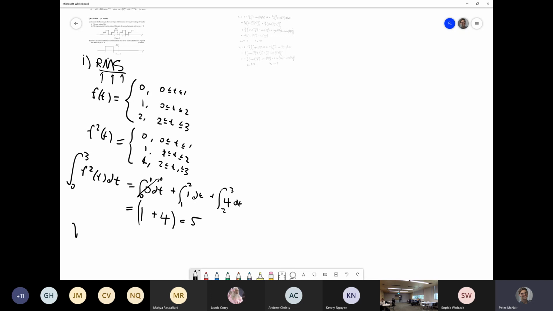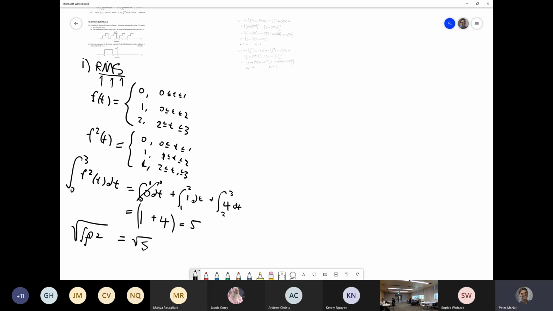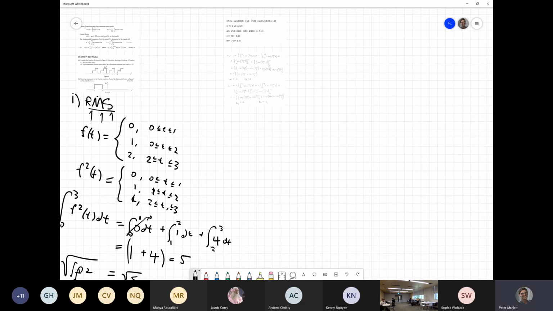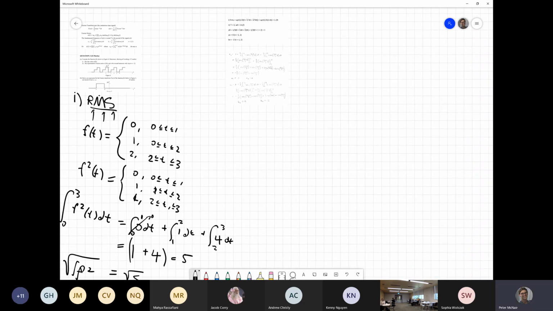And then we take the root. So the square root of the integral of f squared is just going to be root 5. Oh, that's not 5. I'll just double check. 1 on 3. Oh, I beg your pardon.